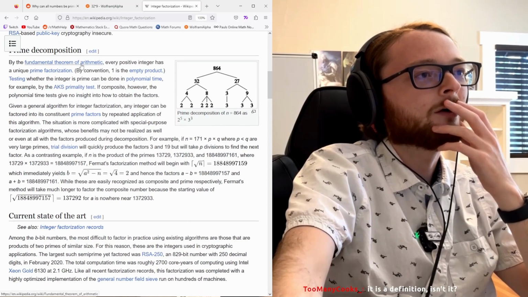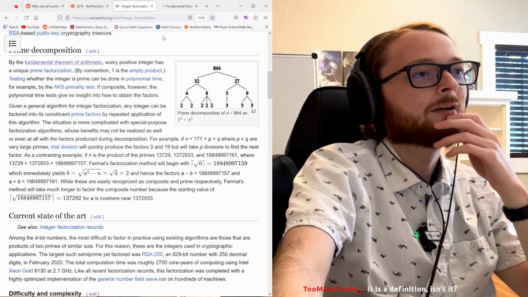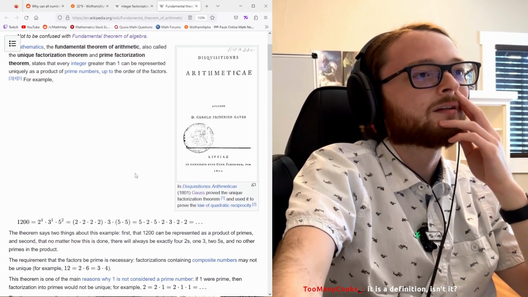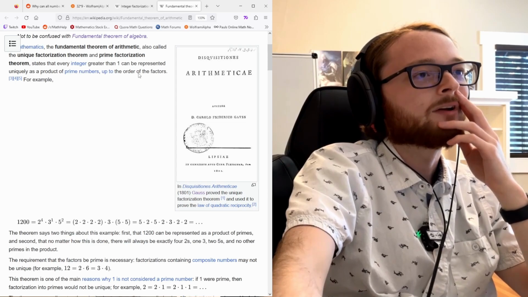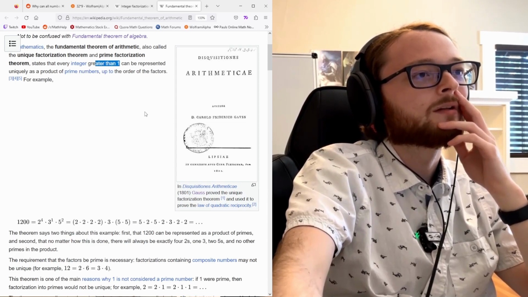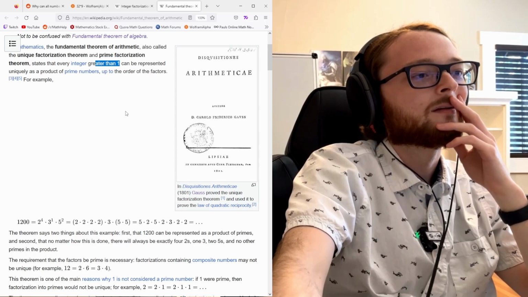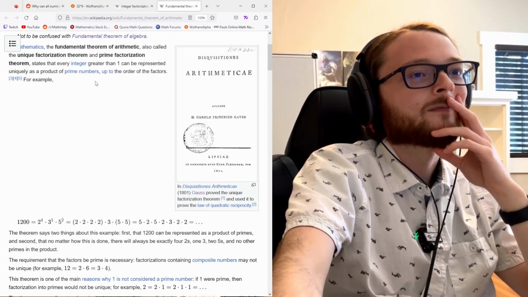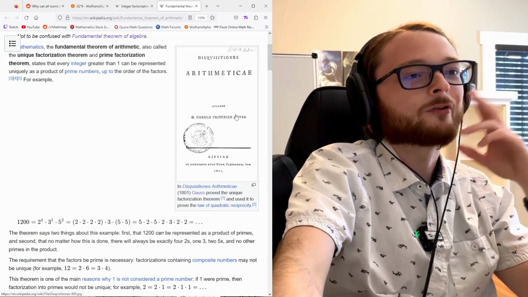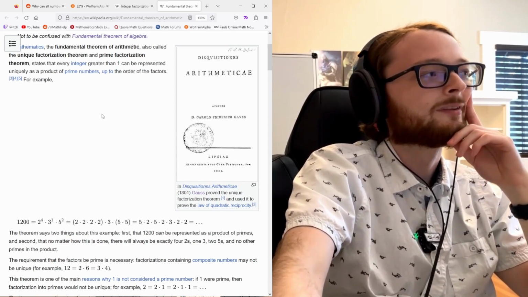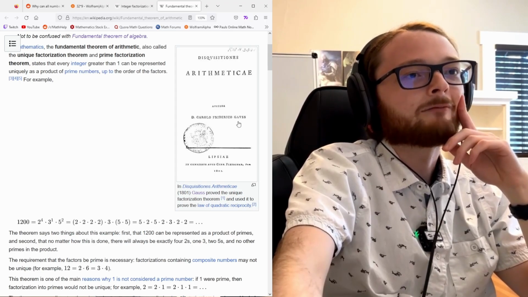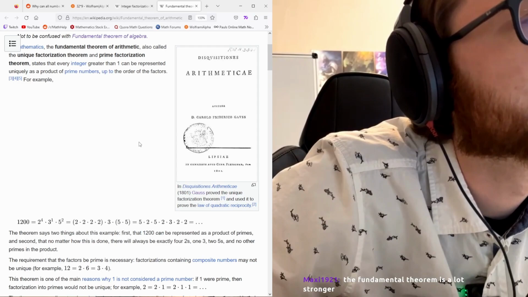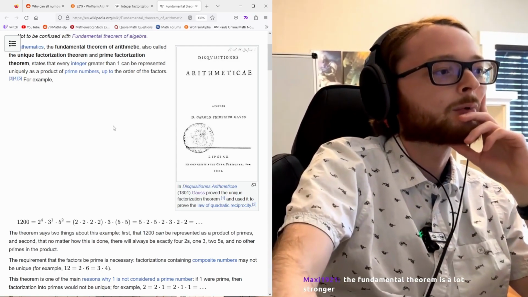Fundamental theorem. Oh, I didn't know there was a fundamental theorem of arithmetic. Every integer greater than 1. Well, I don't know, Maxi. Wikipedia disagrees. Oh, of course, Gauss did this. Sorry, Gauss. I wonder why that's a V. Old-fashioned printing, I guess.